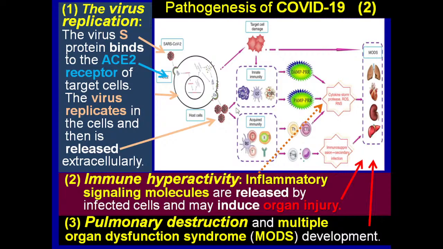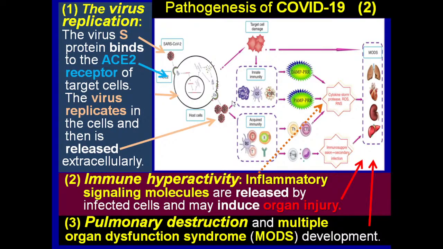And the pulmonary destruction and multiple organ dysfunction, and these are organs where it is developed, due to the disbalance of the activity of the cytokines.